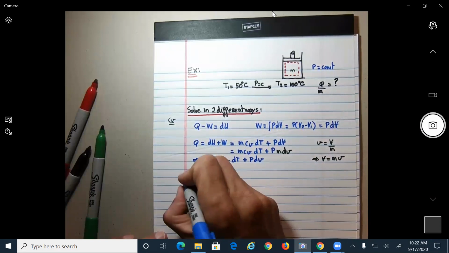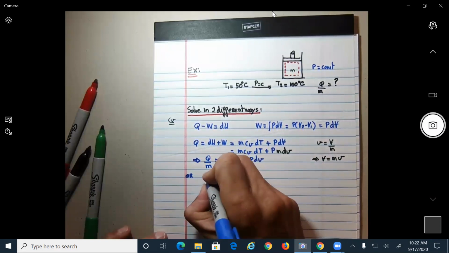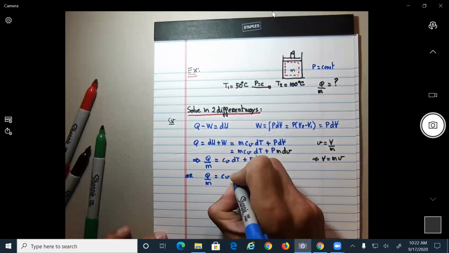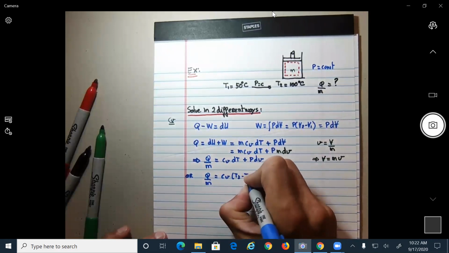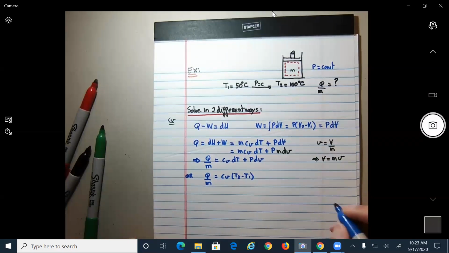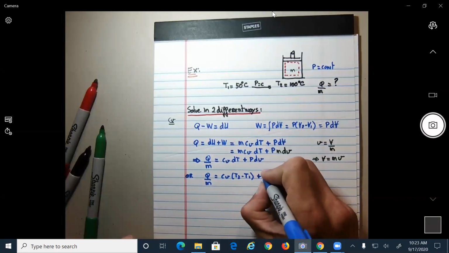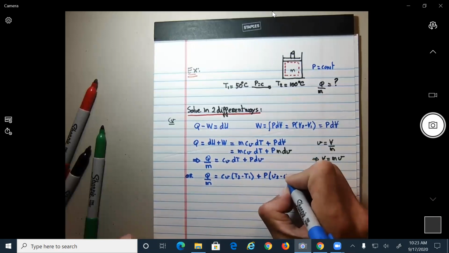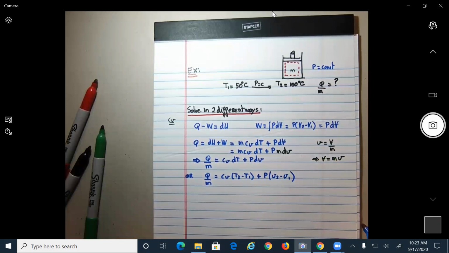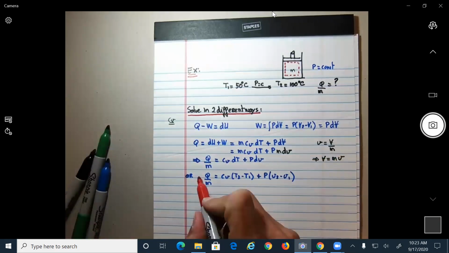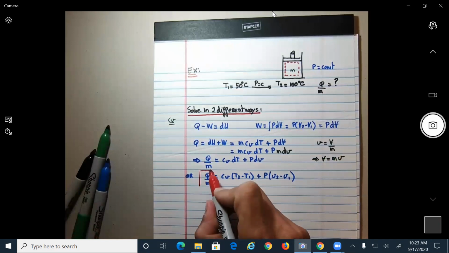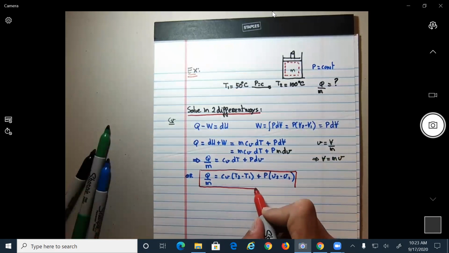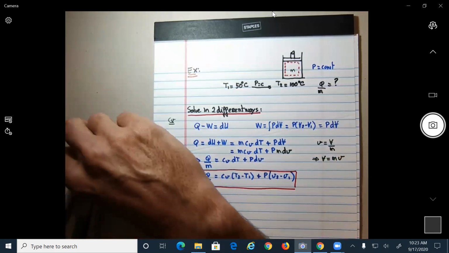Or to just write Q over m, if I expand it, equal to Cv (T2 minus T1) plus P, which is constant, no? (v2 minus v1). And this is actually what I tried to do yesterday with a problem that ended up having some numerical issues.